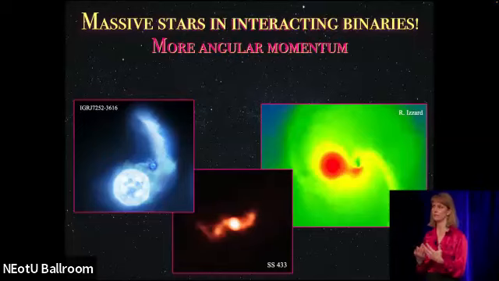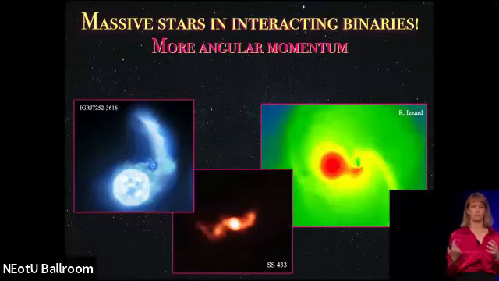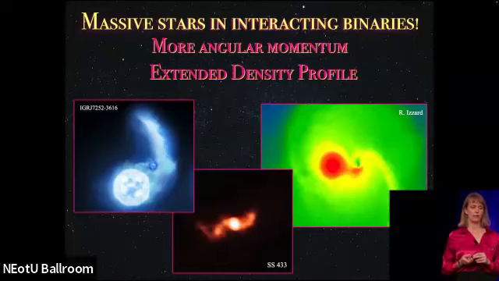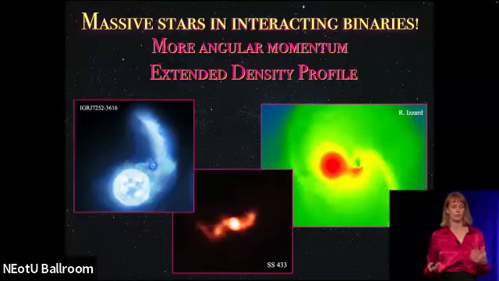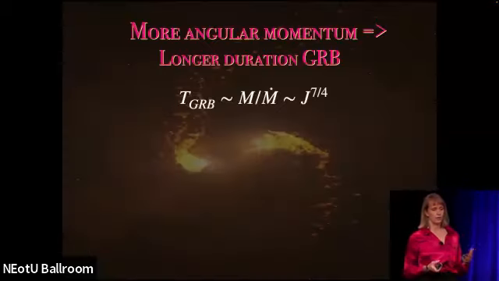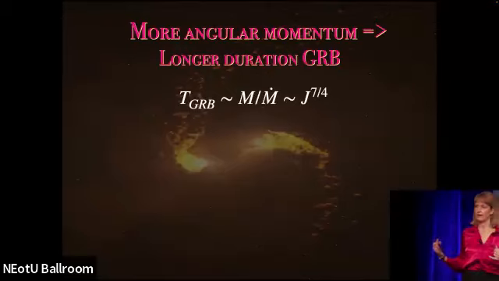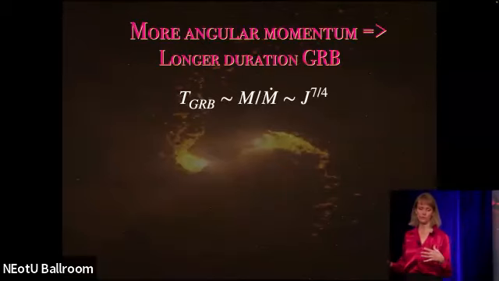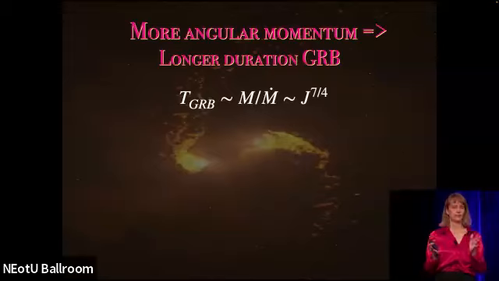In an interacting binary system, this massive star has the potential to have more angular momentum. It can be spun up, and it can also have a more extended circumbinary, circumburst density profile. So what? Well, more angular momentum allows you a more massive disk, a potentially lower accretion rate, and this allows you a longer jet, a longer lived jet, longer duration for those internal dissipation processes.